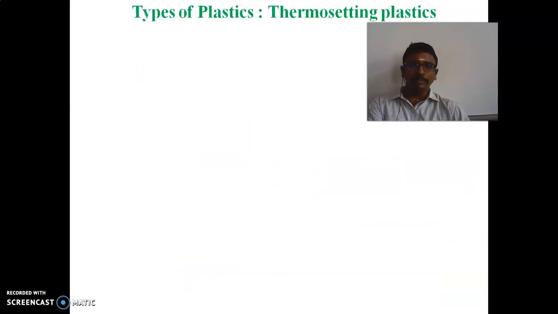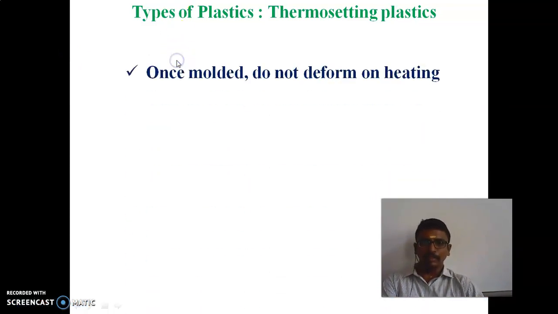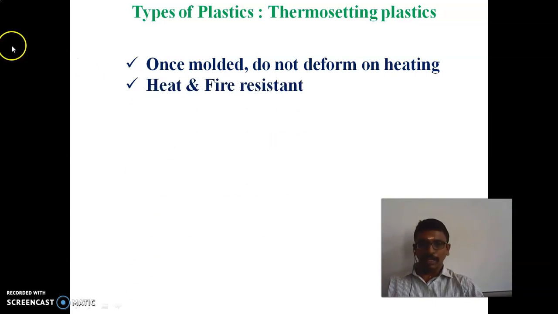And another type is thermosetting plastics. Once we mold thermosetting plastics, we are not able to deform them on heating. Once it is molded, we can't deform it with heating.